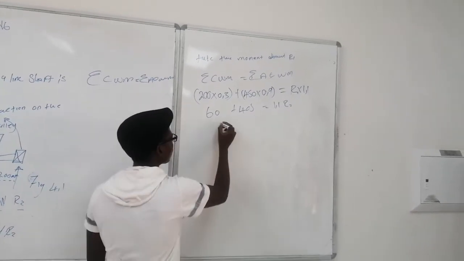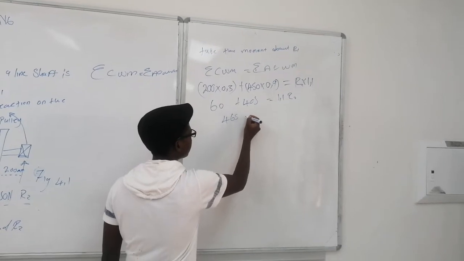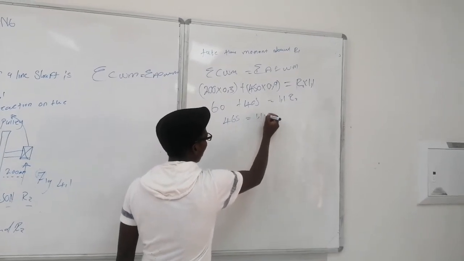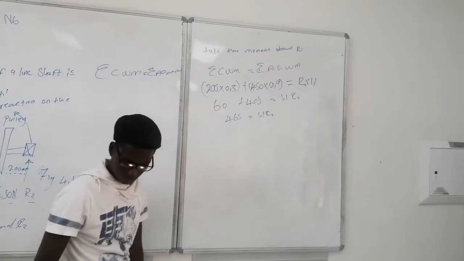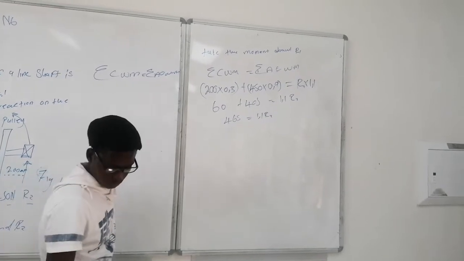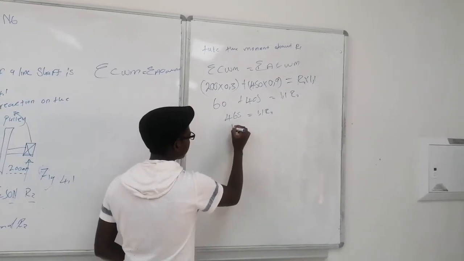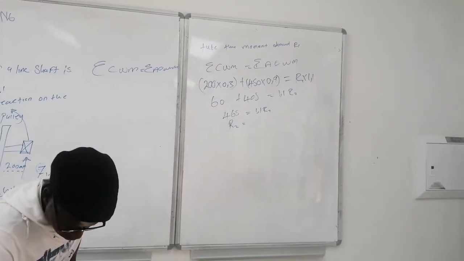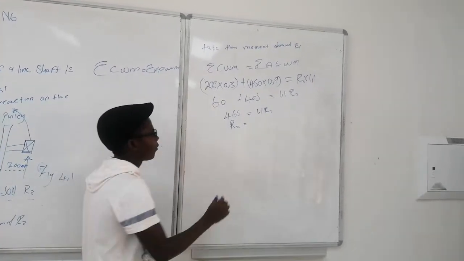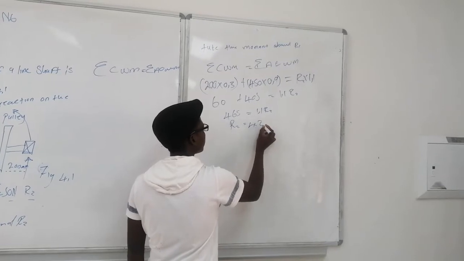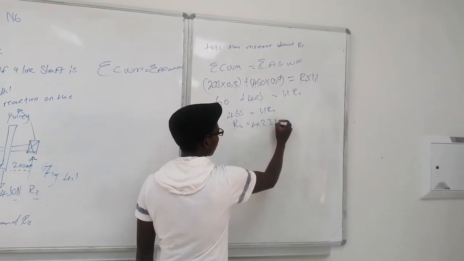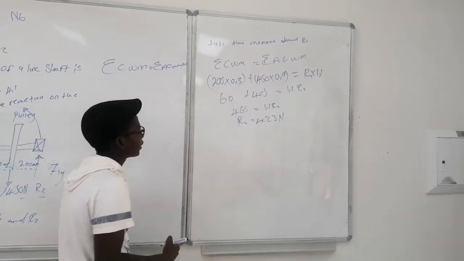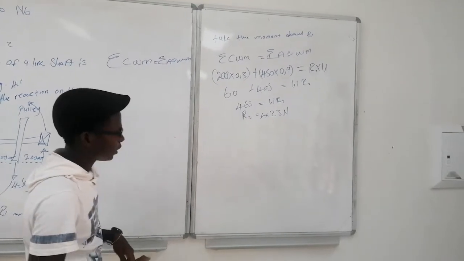When we add it, it is going to be 465 equals 1.1 R2. When we divide it, R2 equals 423 newtons. We are done with R2.